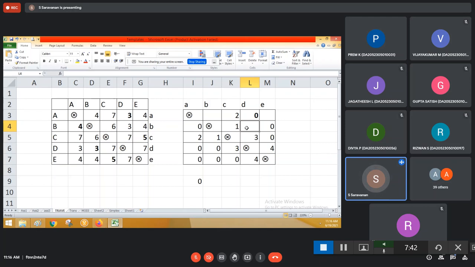I have deleted all the corresponding zeros. Then if we choose this, we need to cancel these two and also this one. Shall I go ahead with A? I will choose A, and then I need to delete the other zeros in the corresponding row and column.